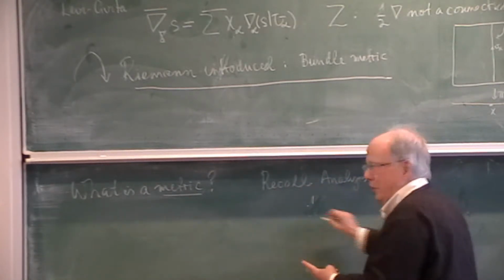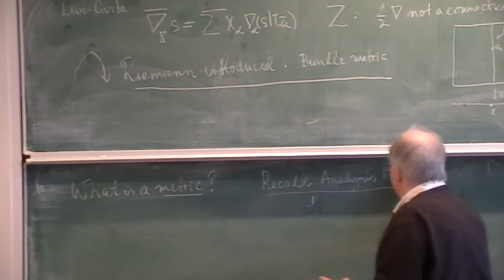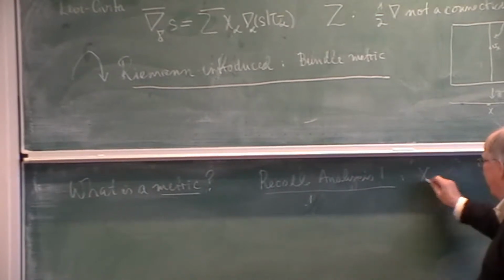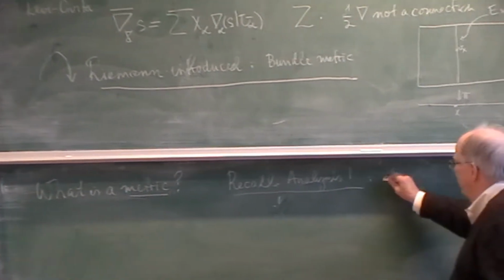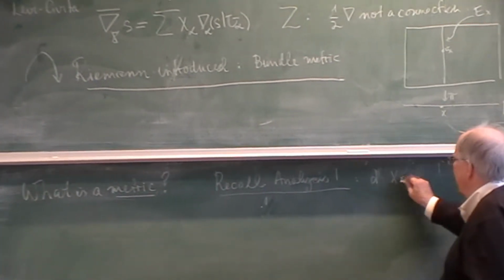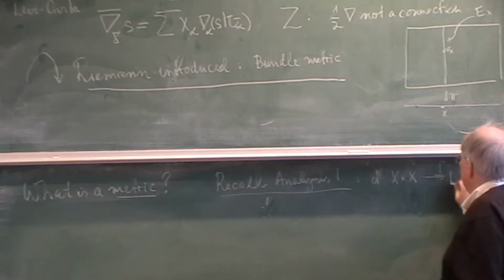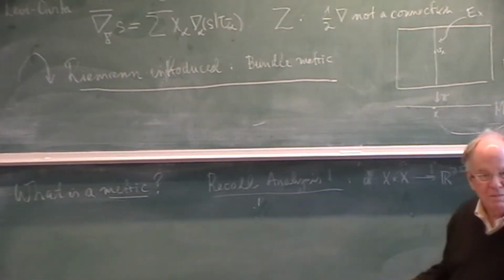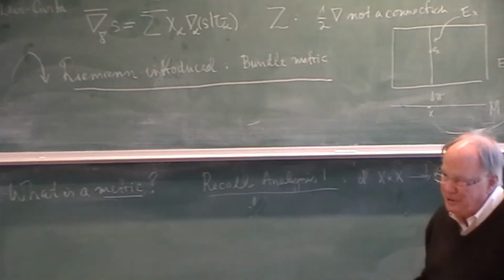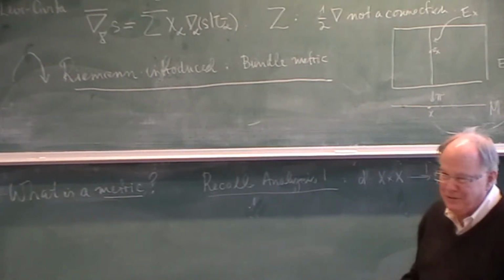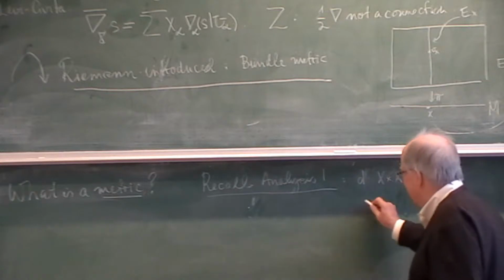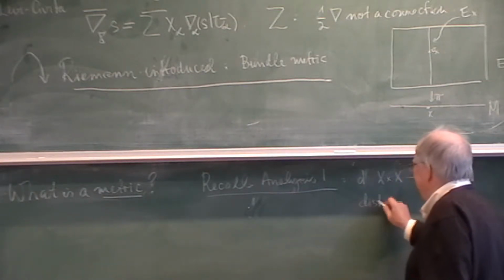So recall analysis 1. All right, you have a set X, and you have something on X cross X to the non-negative real numbers, right? We call this thing a distance function. I actually prefer to call it a distance function than a metric. Then there's no confusion. So let's call this thing a distance function.